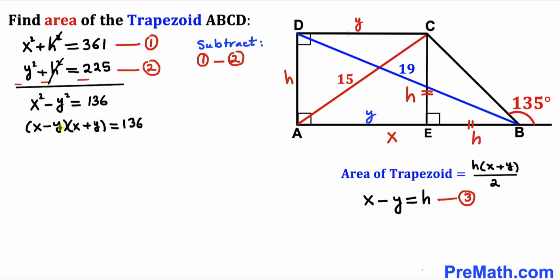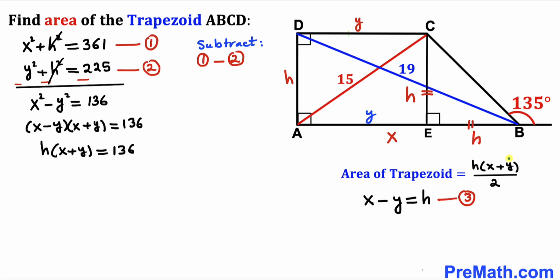And now let's make an observation. We can see our x minus y is same as h from this equation 3. So therefore I'm going to replace this one by h. So therefore this equation is going to become h times x plus y equals 136.